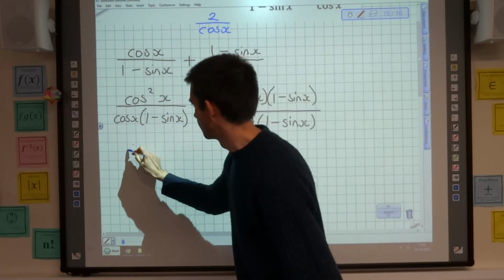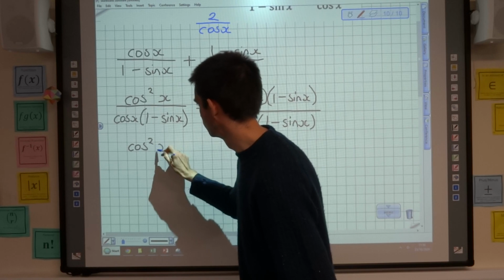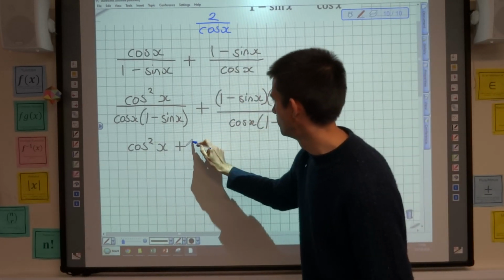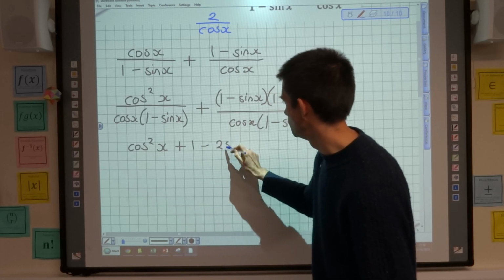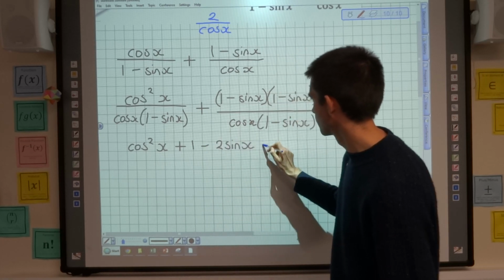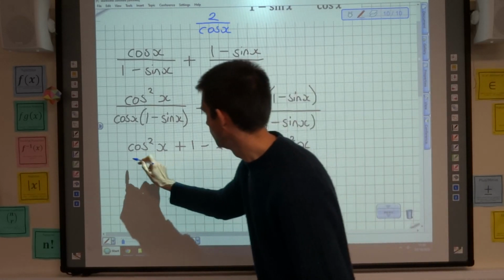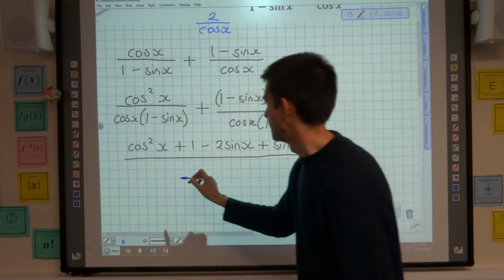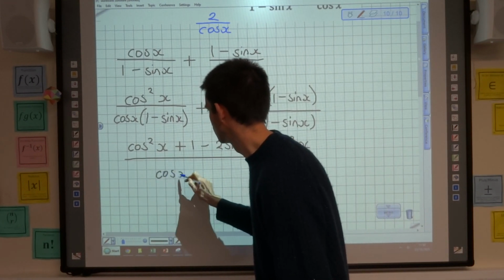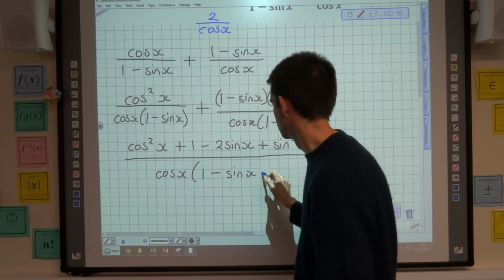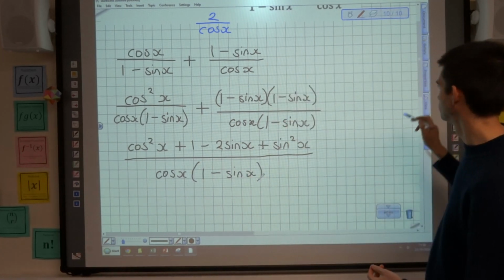So I'm going to get cos squared x, and then expanding this out, we've got 1, that's going to be minus 2 sin x, plus sin squared x. And that is all over cos x multiplied by 1 minus sin x.